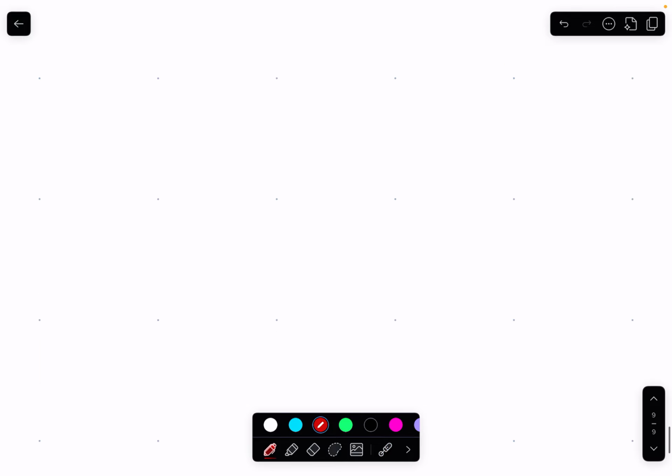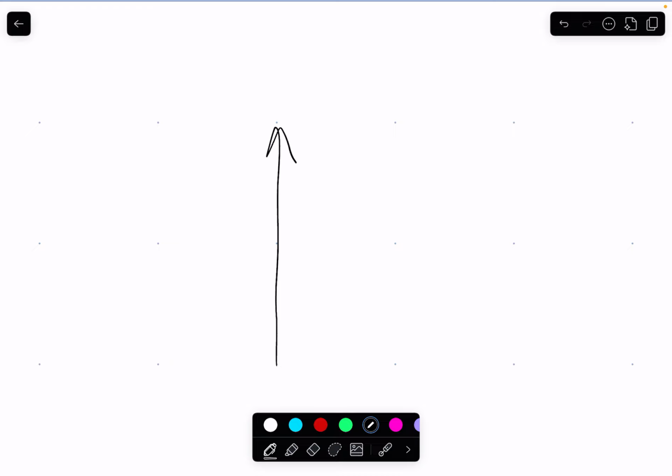So I'm going to make a big arrow there, and a big arrow here. This is time.